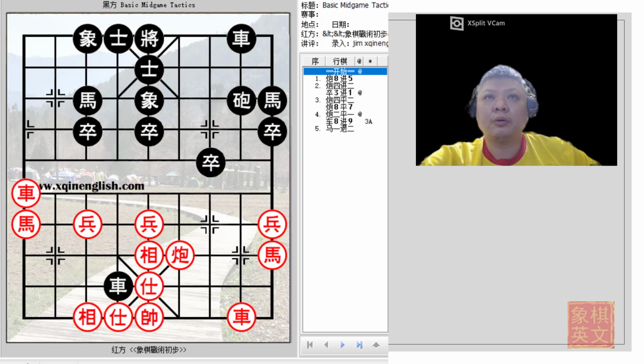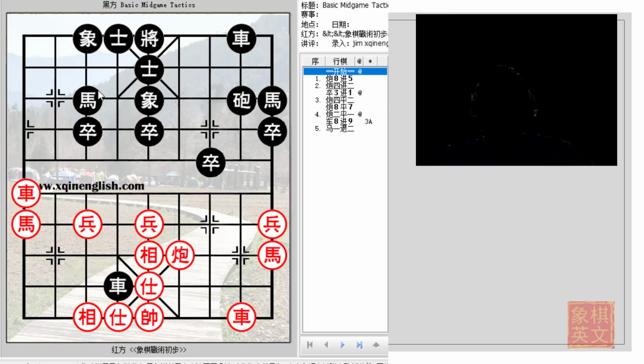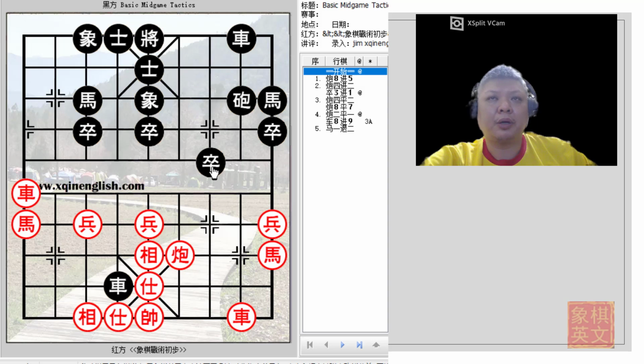We shall go over the first example, a simple quick analysis where red has two chariots, two horses, one cannon, 3 pawns, and a full guard. Black would have two chariots, two horses, one cannon, and also a full guard, but black would have the extra pawn. Now, there will be 4 black pawns versus 3 red pawns.